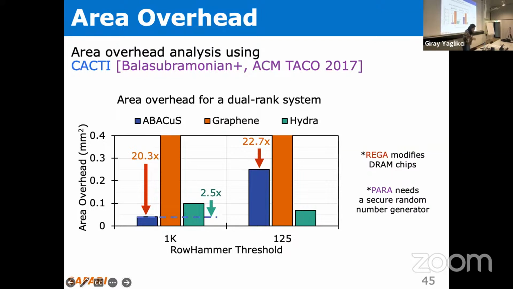And we did not include Rega and Para in this analysis because they don't have processor chip area overheads. This is because Rega does not change the processor chip, but it introduces intrusive DRAM chip modifications, and Para needs the secure random number generator.